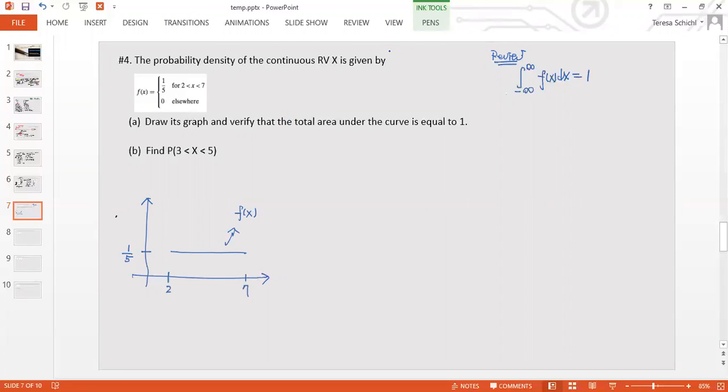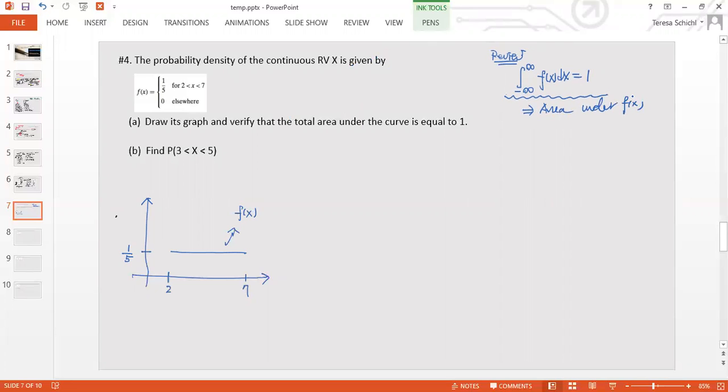So the first thing is, I need to find the area under it. Is it equal to 1? When you integrate the PDF from negative infinity to positive infinity, what does that mean? That means you can also say this is the area under f of x.